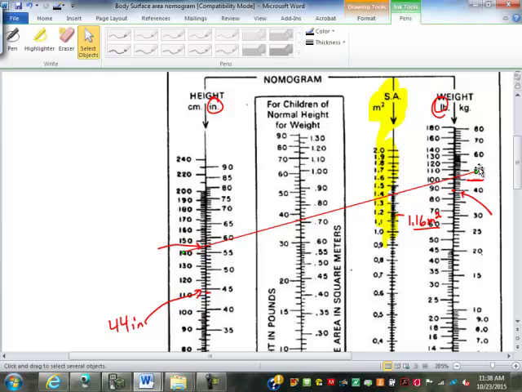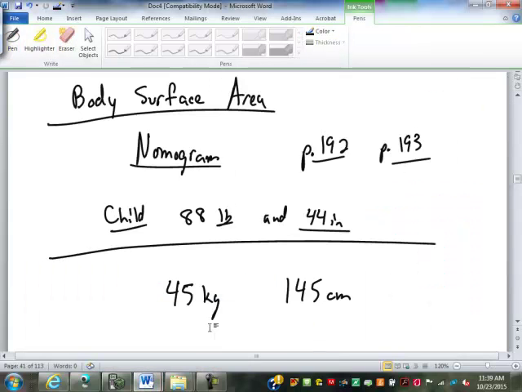But okay, see, that's pretty close to being lined up on 145 centimeters over here for the height and 45 kilograms over here. And it looks like in the middle here it goes through almost exactly at 1.4 square meters. So back to here. This one came out to be about 1.16 to 1.18. This one came out to be about 1.4.